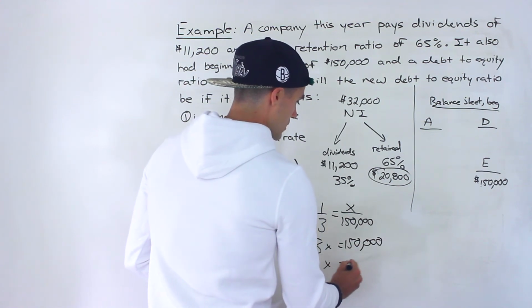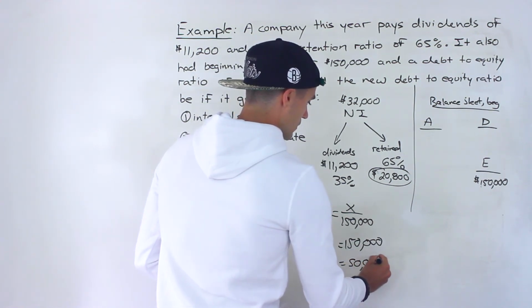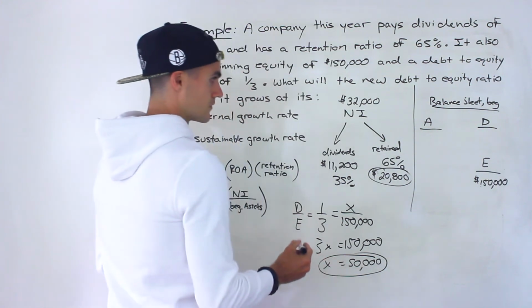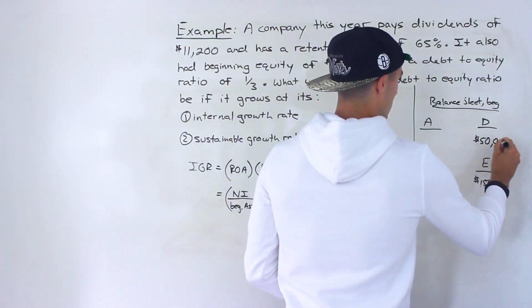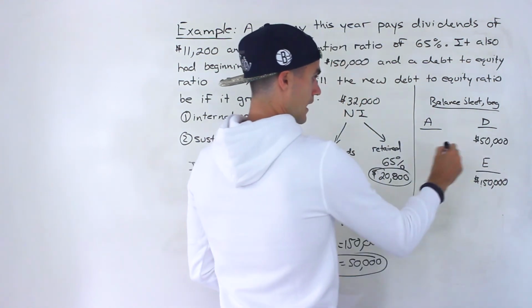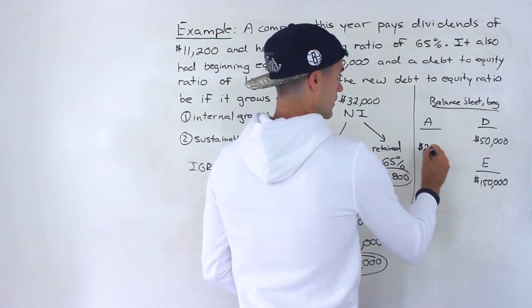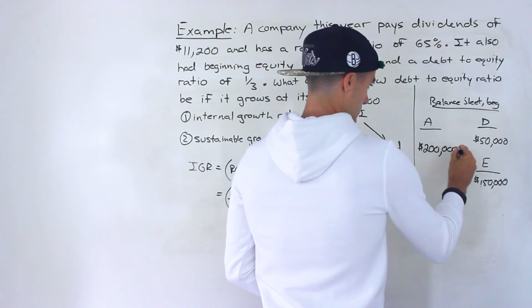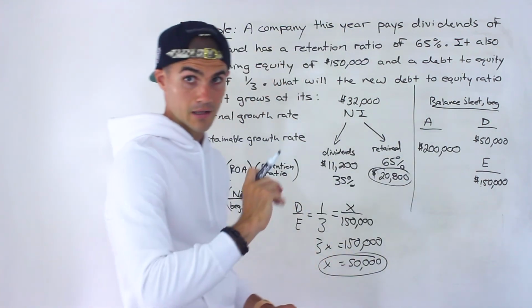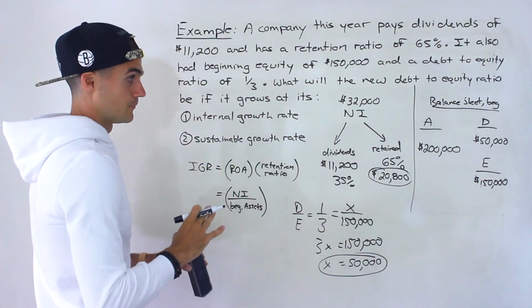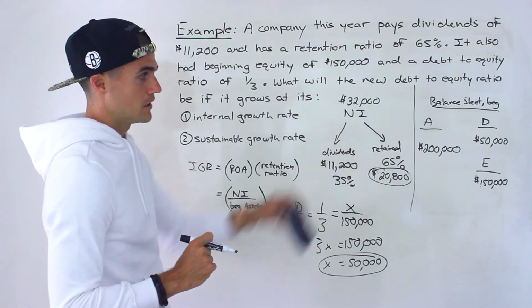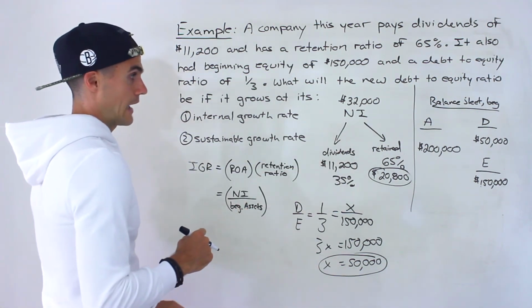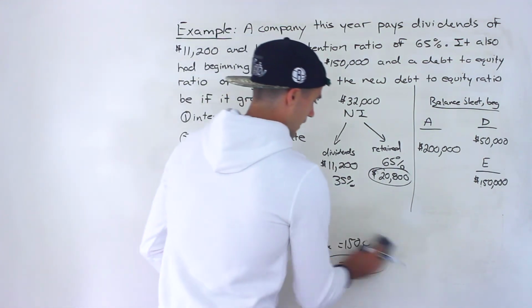Divide both sides by 3, we would get 50,000. So the debt would be 50,000. Adding those up, we get 200,000. And remember, this is the beginning balance sheet, the balance sheet at the beginning of the year. So we used the debt to equity ratio to find the debt, added them up to get the assets of 200,000.